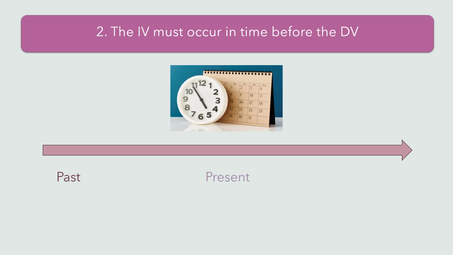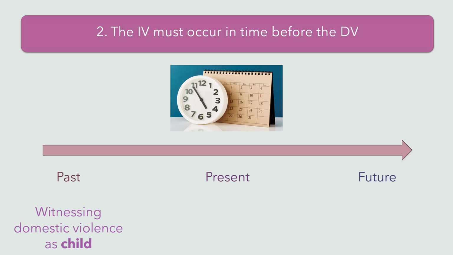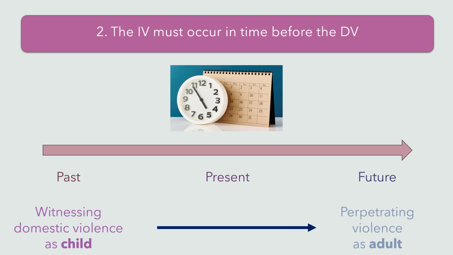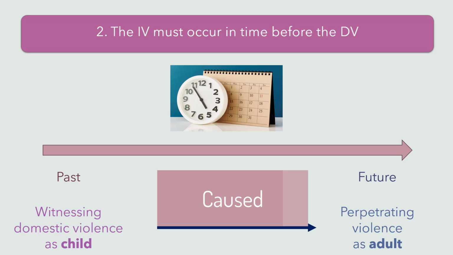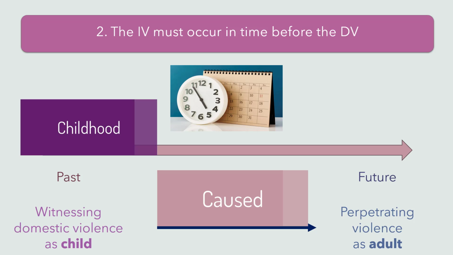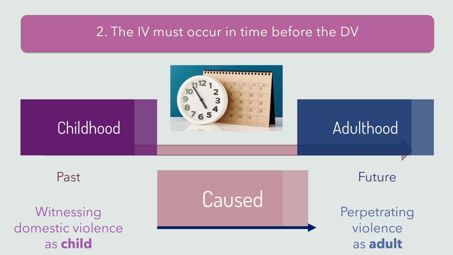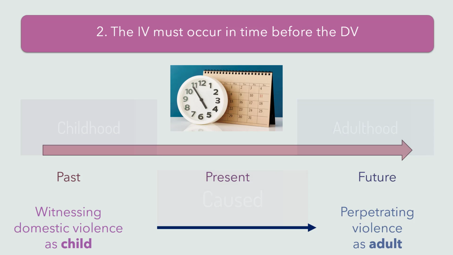And if this is the past, and this is the present, and this is the future, and we're going with the example of witnessing domestic violence, well, the domestic violence had to have happened in the past as a child for us to then look at whether it caused perpetrating violence as an adult, right? It had to come first. If it's anything that causes something to happen, it happens first. So with this particular example, it sort of makes logical sense.